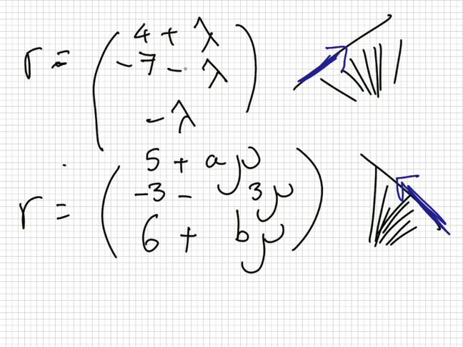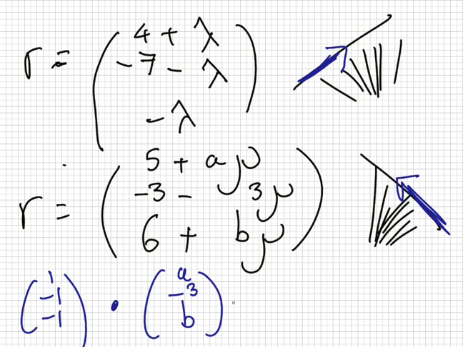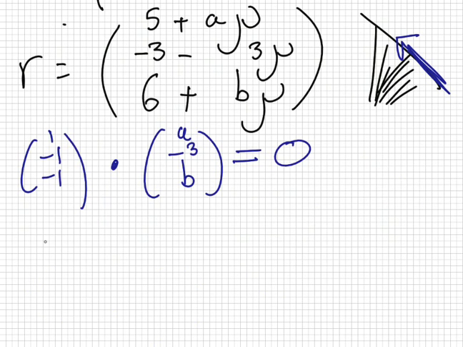What is the direction of the first line? 1, minus 1, minus 1. And the direction of the second line? a, minus 3, b. And that should equal 0.